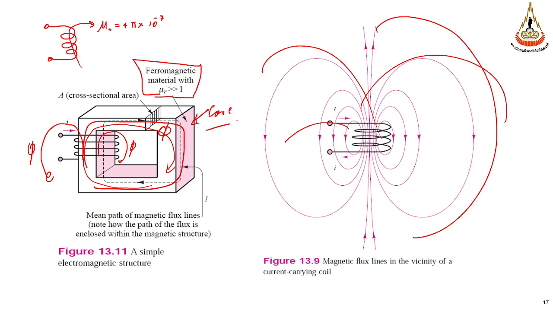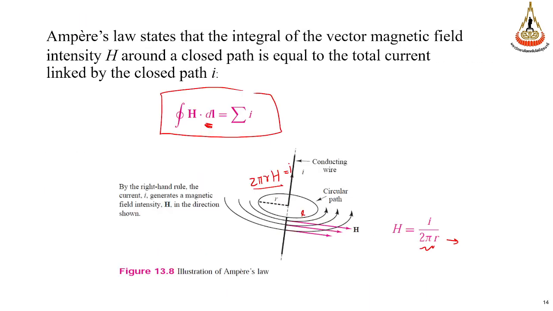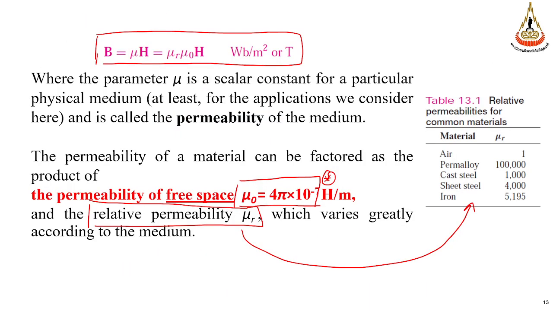So this type of material we use to control the flux into different directions, and we can build a transformer. We can build a motor or a generator, right? This kind of equipment will have a structure with high permeability material.